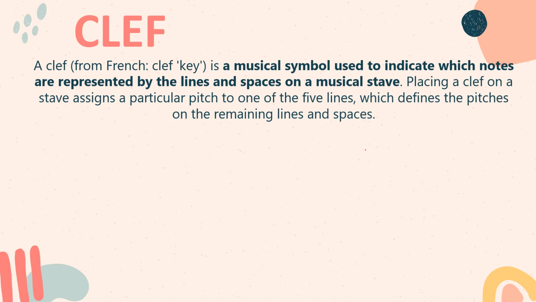A clef, from the French word for key, is a musical symbol used to indicate which notes are represented by the lines and spaces on a musical staff. Placing a clef on a staff assigns a particular pitch to one of the 5 lines, which defines the pitches on the remaining lines and spaces. Pitches are kanang tono sa kanta.